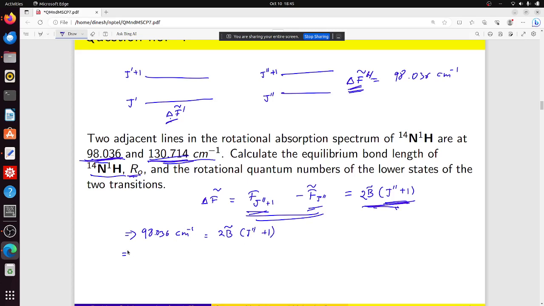So the b value you need to calculate, right? The b value is not given.